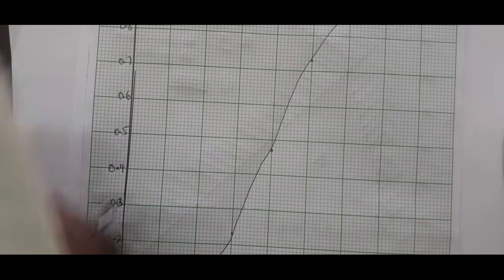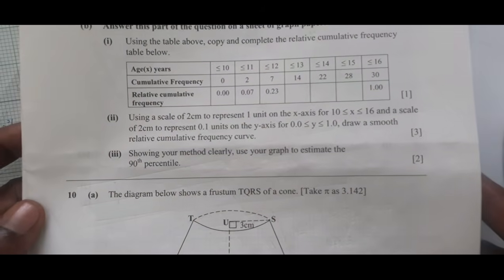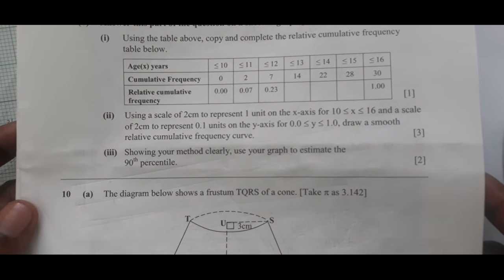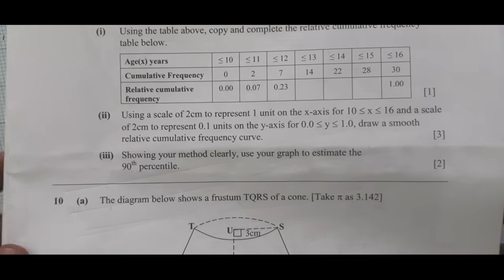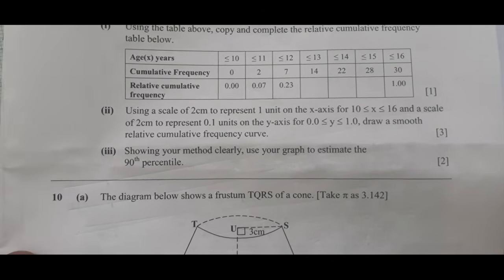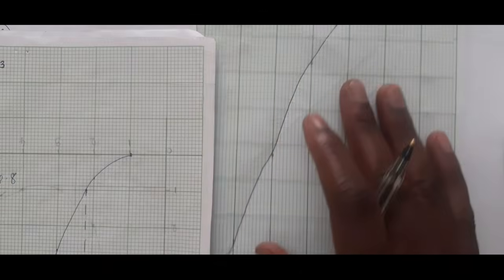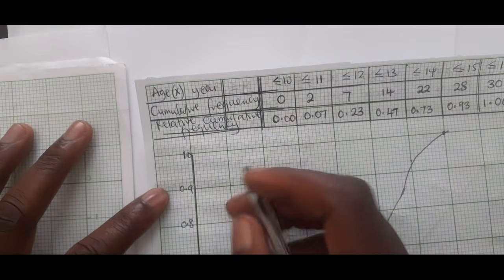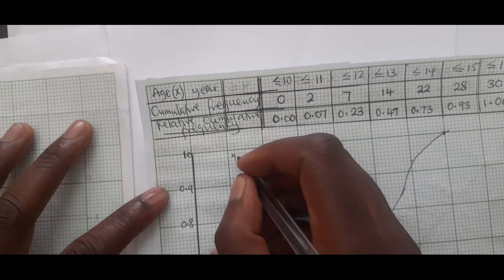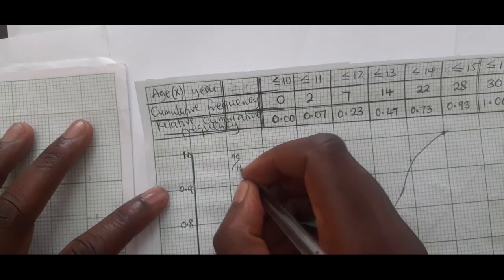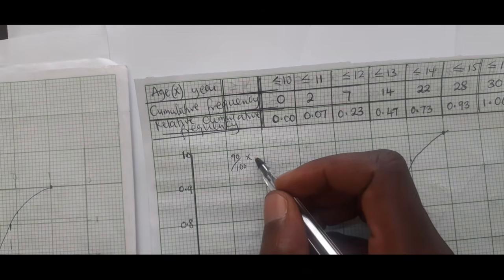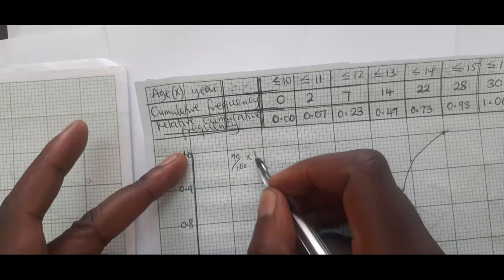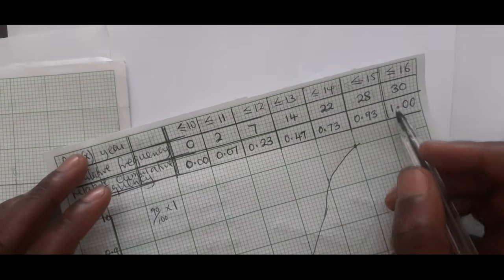Then the next question now here is, showing your method clearly, use your graph to estimate the 9th percentile. So what we are supposed to do here is to say 9th percentile is 90 over 100 multiplied by the total, which is like 1. I'm just trying to help you simplify it.